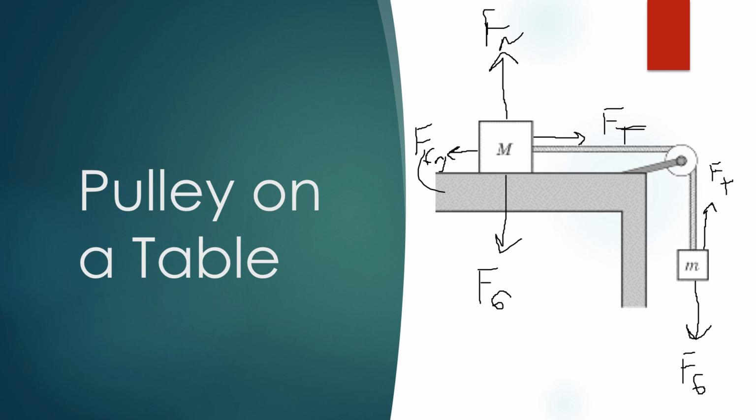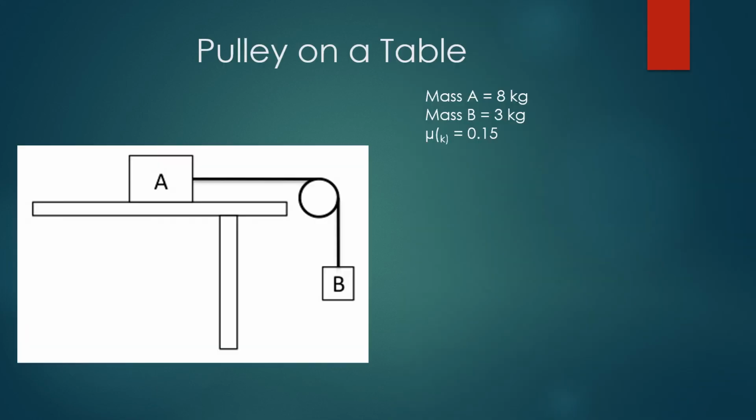So this is another example of a pulley, and we are going to look at this with numbers now. Never, ever, ever forget how to draw a free body diagram. In this case, we've got gravity pulling down 29.4 newtons.